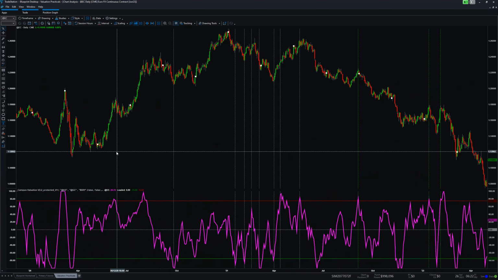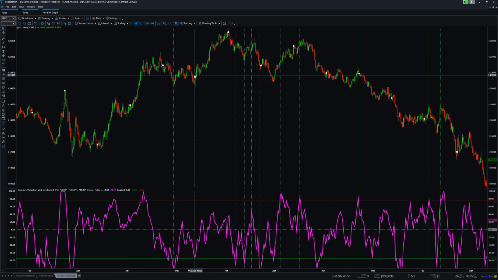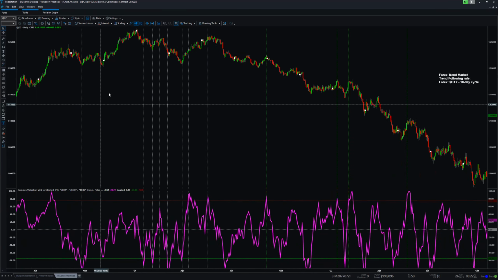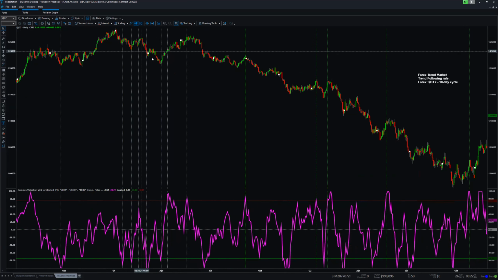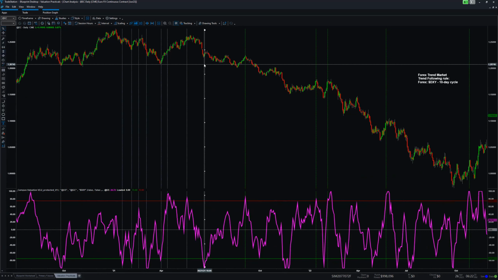And then as the trend is shifting, if we're undervalued, then these areas end up being good buy points, and then it gets a bit messy, and then eventually we can see the overvalued works rather well. We can see the undervalued is not working anymore.